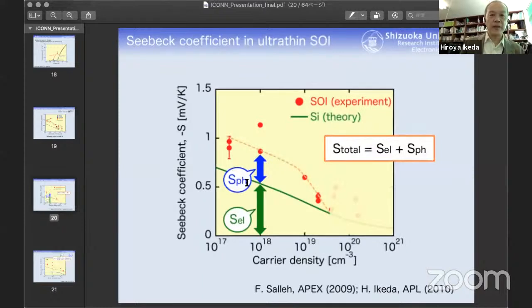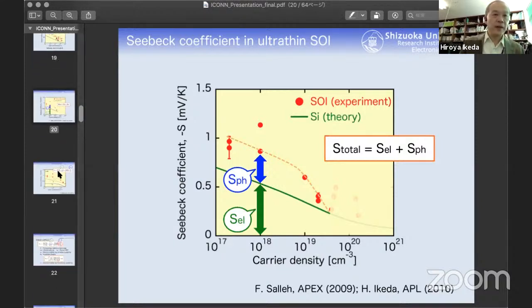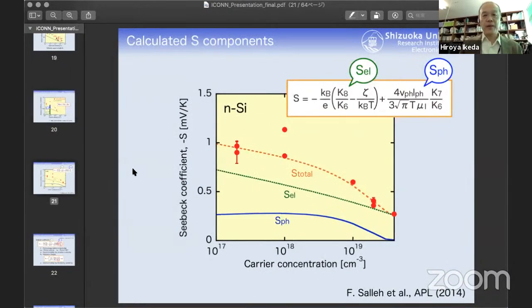So this difference corresponds to the phonon drag part. From this graph, we calculate the phonon drag part of the Seebeck coefficient here.